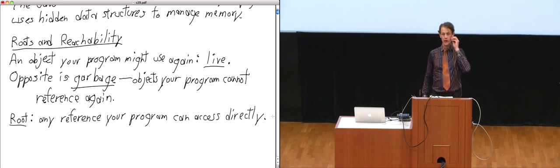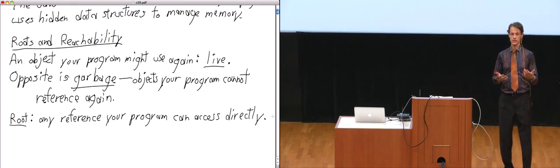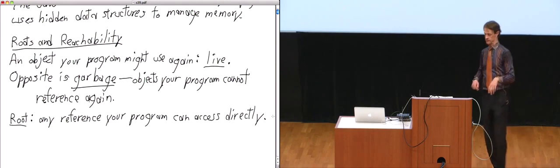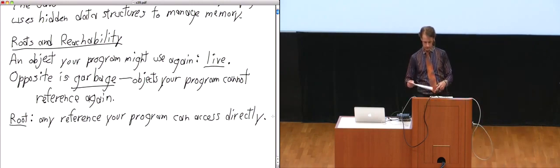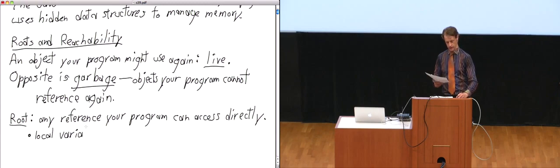So the roots are any reference that your program can access directly without going through another object. And the most obvious roots are local variables, but class variables can also be another form of roots. Now, the local variables are all stored in activation records on the stack.